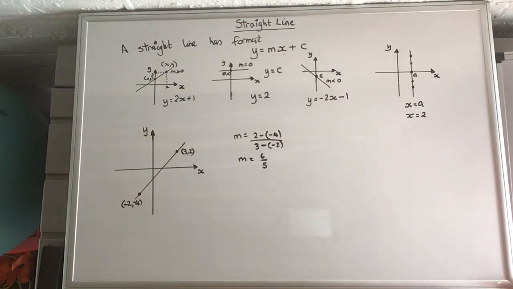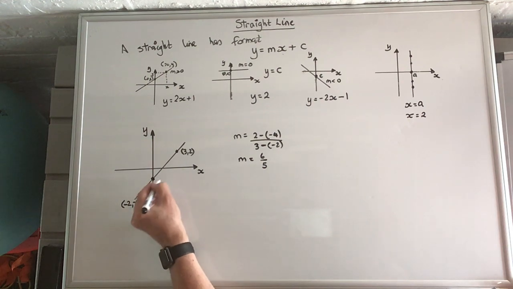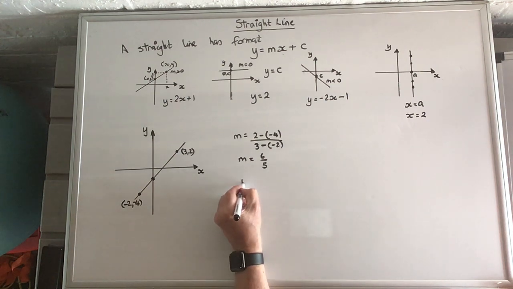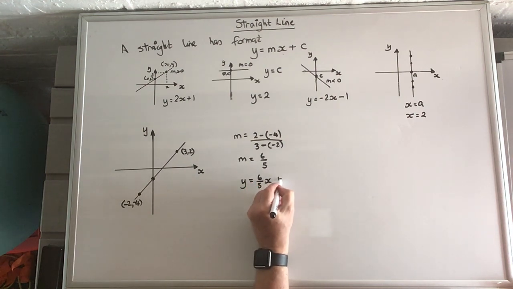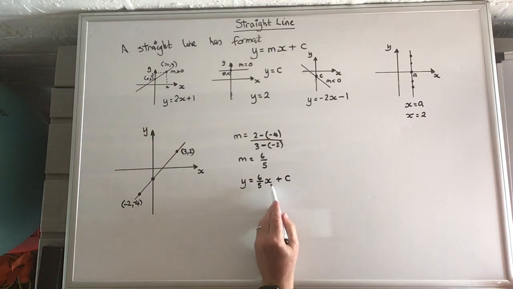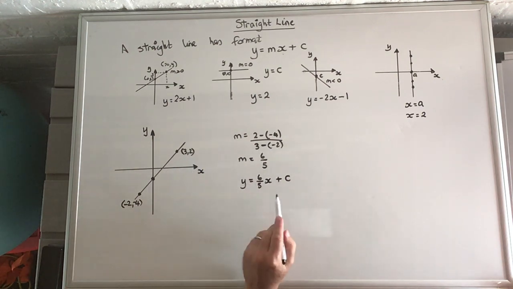Y-intercept, well, again, the y-intercept is here. We aren't given any values on our sketch, so we have to work it out. So we know the equation is y equals mx plus c, and we worked out m, so that's 6 over 5 x plus c. Again, we know x and y, we pick any point we like that's on the line.